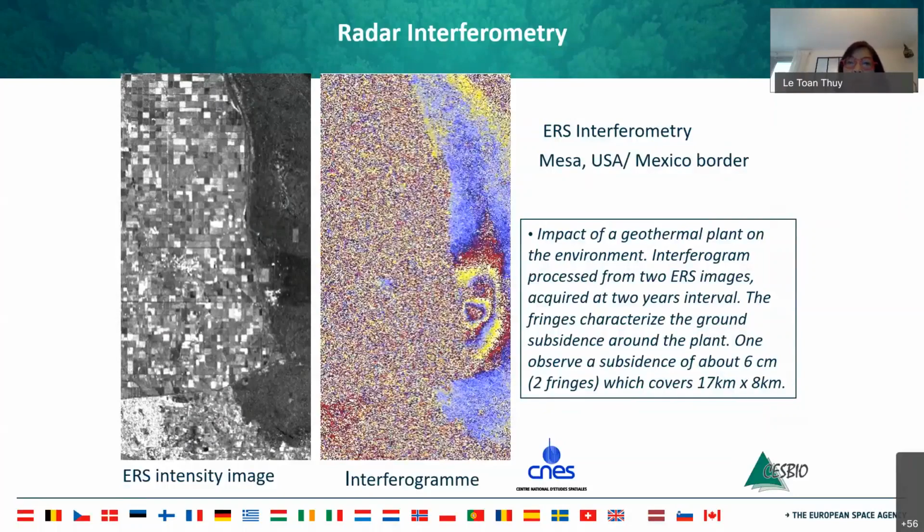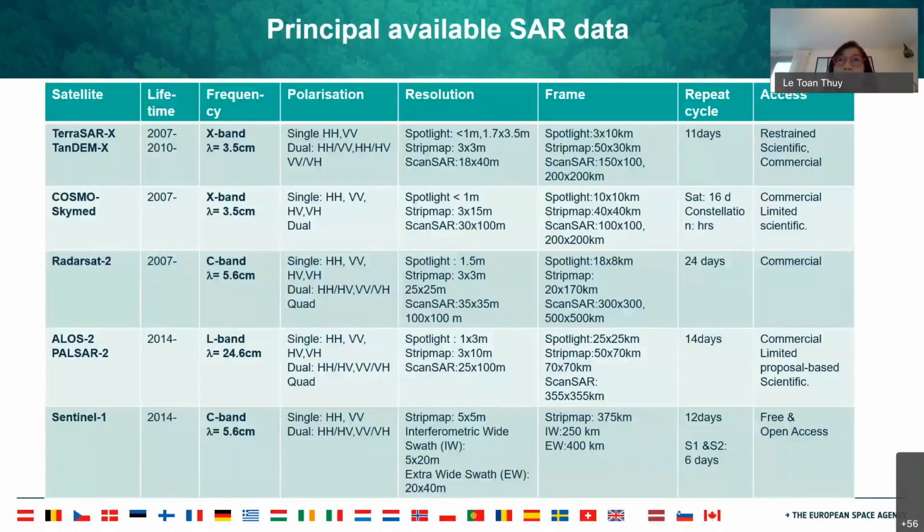And now I will talk about the basic SAR, mostly the basic one, which is SAR polarimetry. And here is the list of the principal available SAR data, and you have different lists updated all the time.